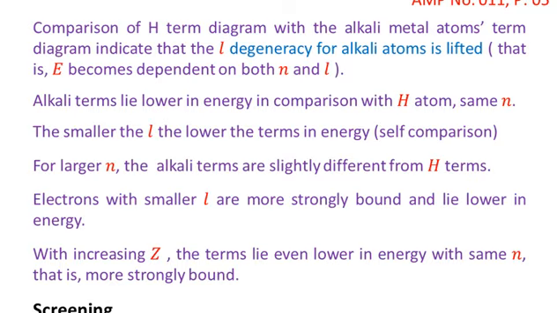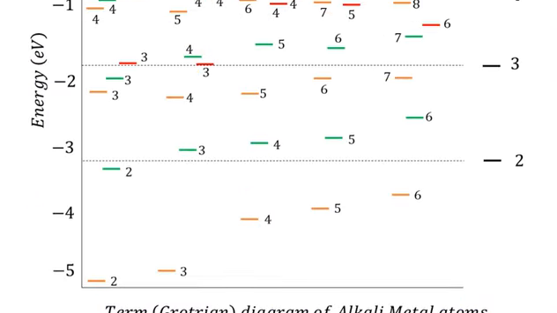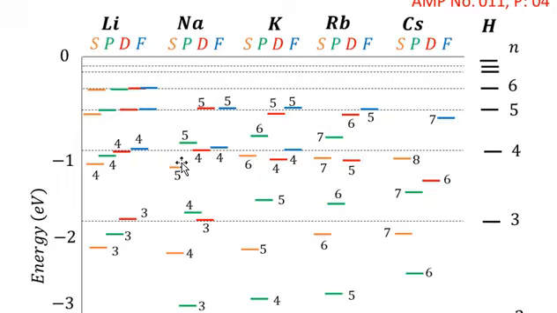with the self comparison. That is, if you compare the energy terms, for example, those corresponding to principal quantum number 4 of the lithium atom, you can see these 4 levels. You see that the L equals 0 level lies lowest in energy. Then the next higher in energy is the L equals 1 state.